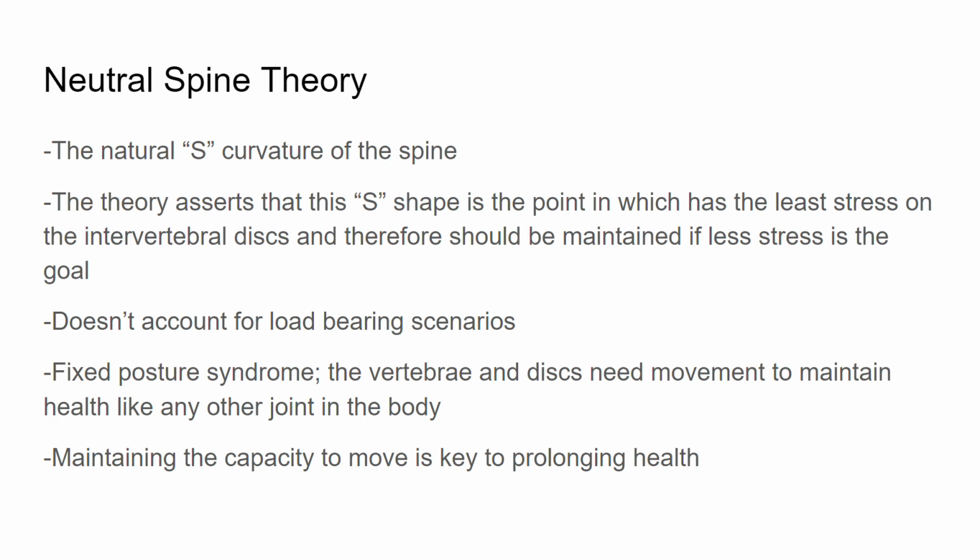So the theory essentially asserts that the S shape is the reference point where the least stress is on the intervertebral disc, and therefore should be maintained if less stress is the goal.